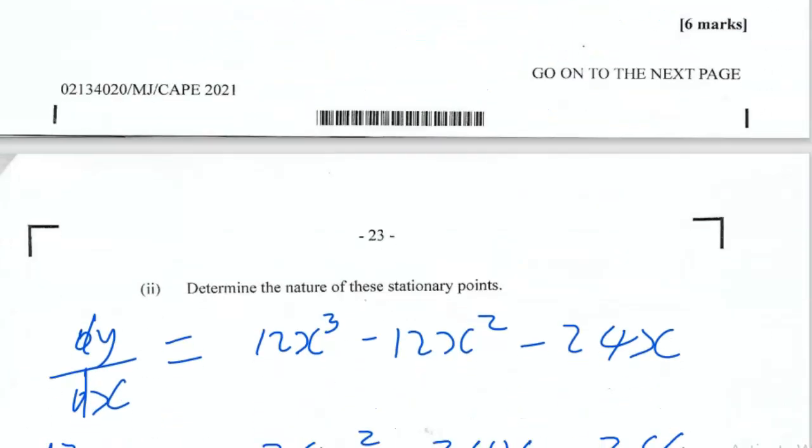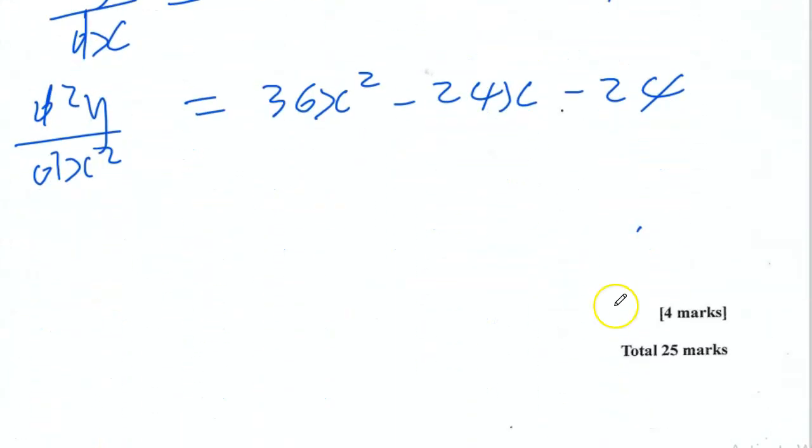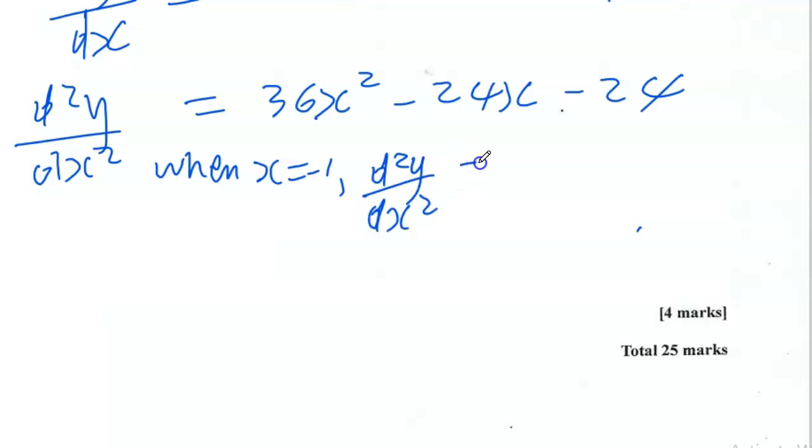So when x is minus 1, the second derivative, substitute minus 1, so it's 36 times positive 1, because you square negative 1, you get 1. So it's just 36. And then negative 24 times negative 1, that's positive 24. Take away 24. That leaves us with 36, which is greater than 0.